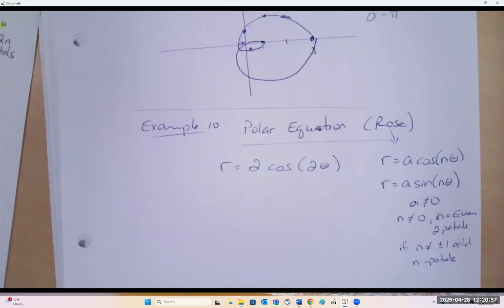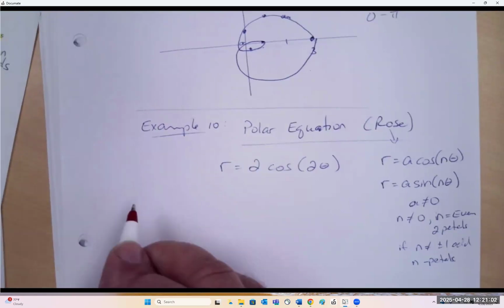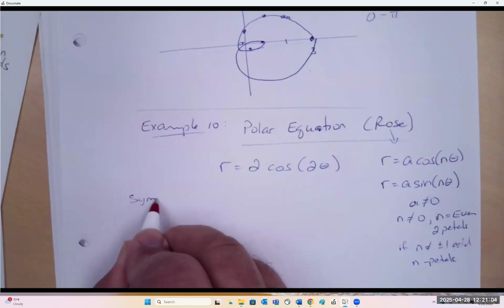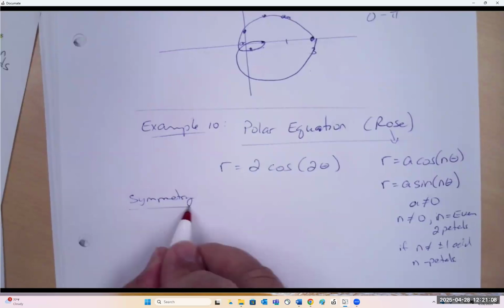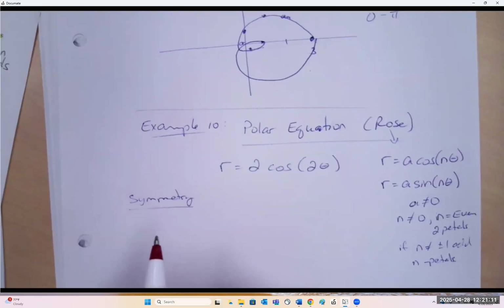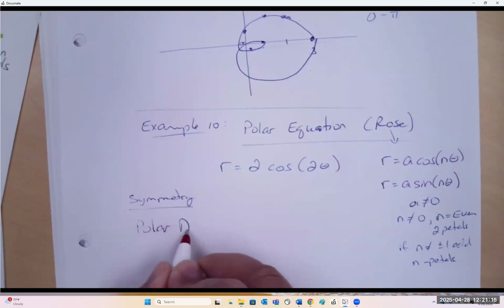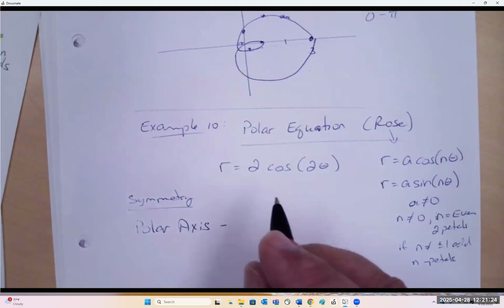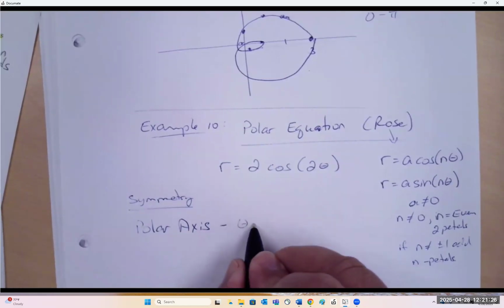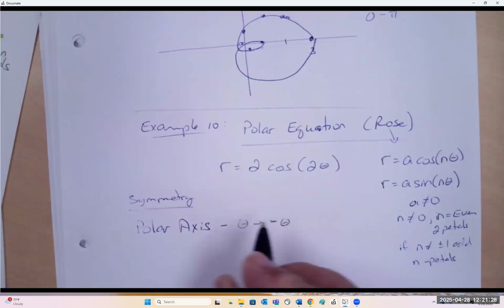Which one was I looking at? 2 theta. Symmetry. Polar axis: switch theta with negative theta.